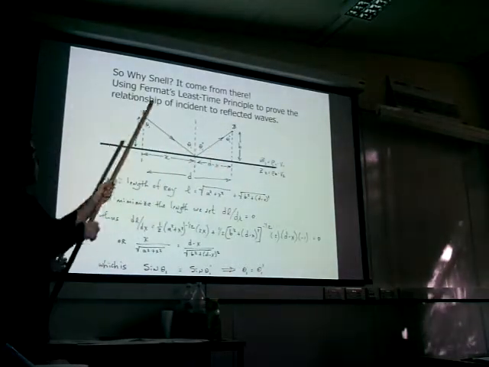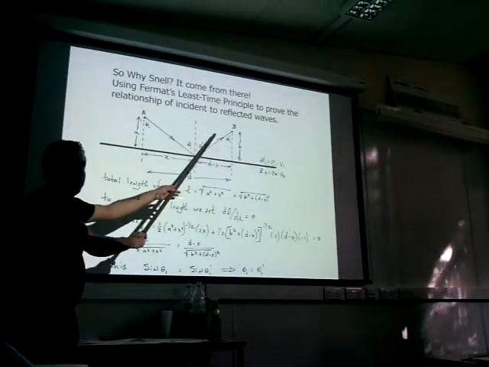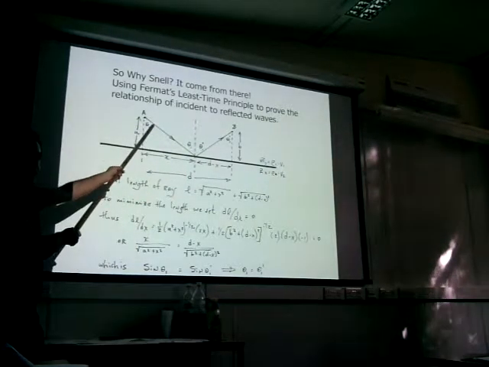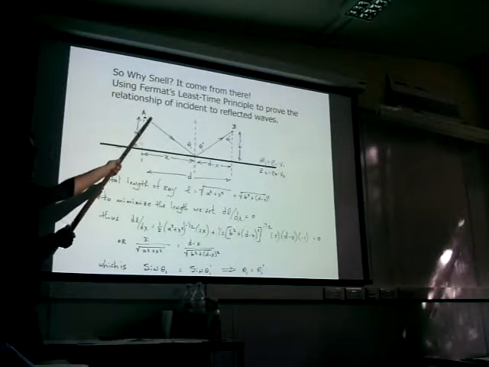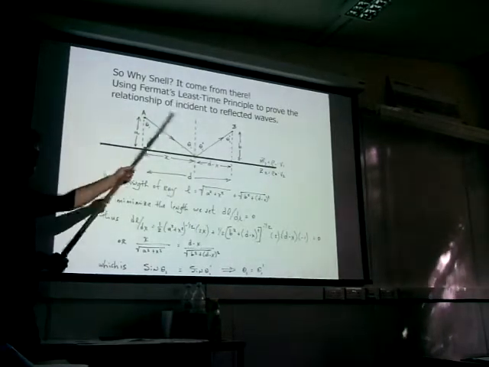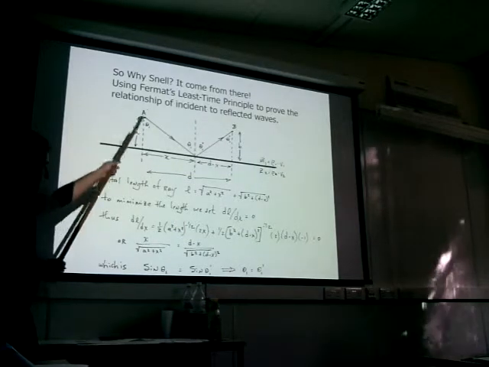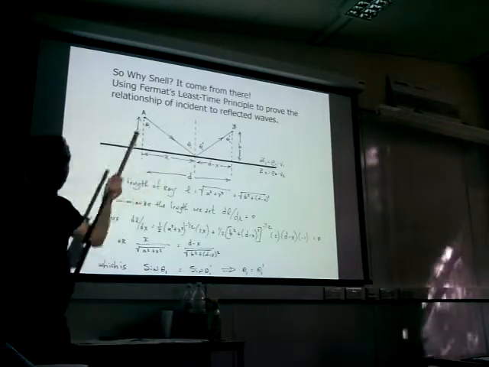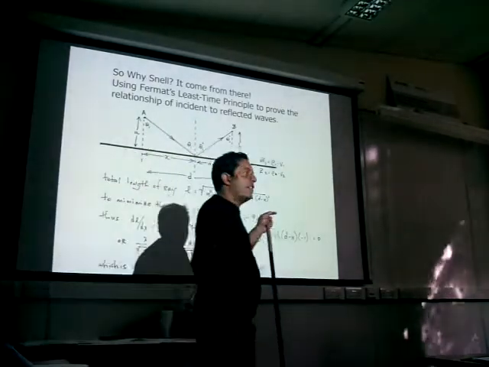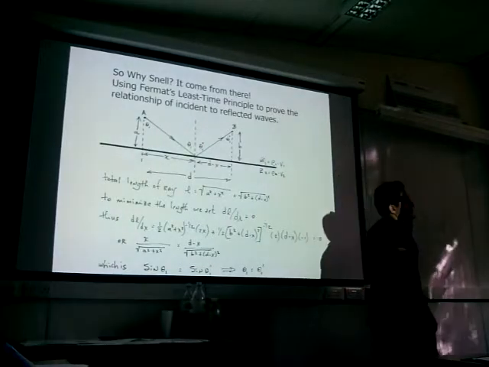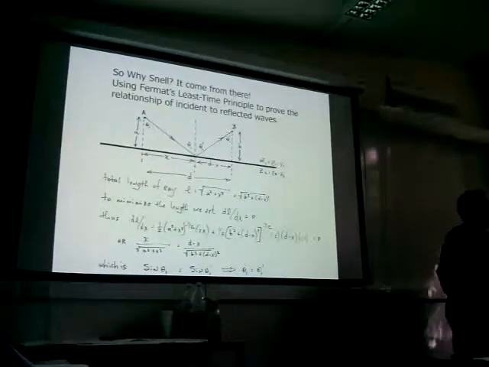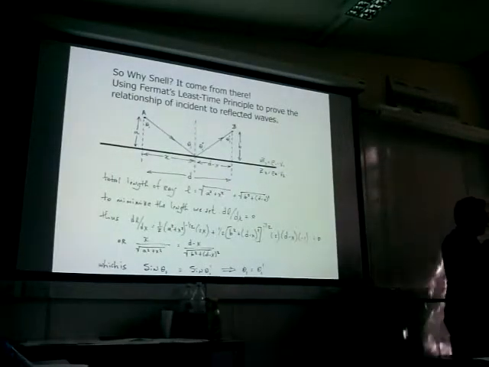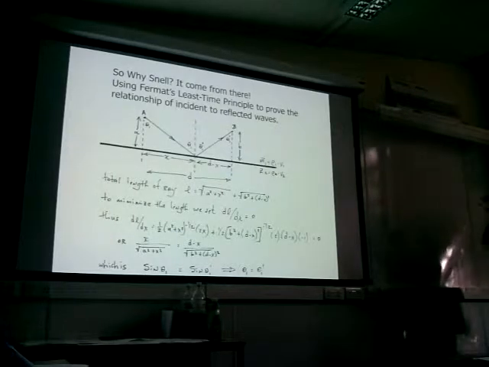So if you write the equation of that side and the equation of that side using all the coordinates, and you put the derivative to 0, you obtain that the whole distance of the transmission of the ray between two points needs to be the minimum path, which implies that the sine of the angle of incidence needs to be equal to the sine of the angle of reflection. If the sine of the angle is equal to the sine of angle R, it implies that the angle of incidence is equal to the angle of reflection. So that's why Snell's law has this kind of relationship between the sides.